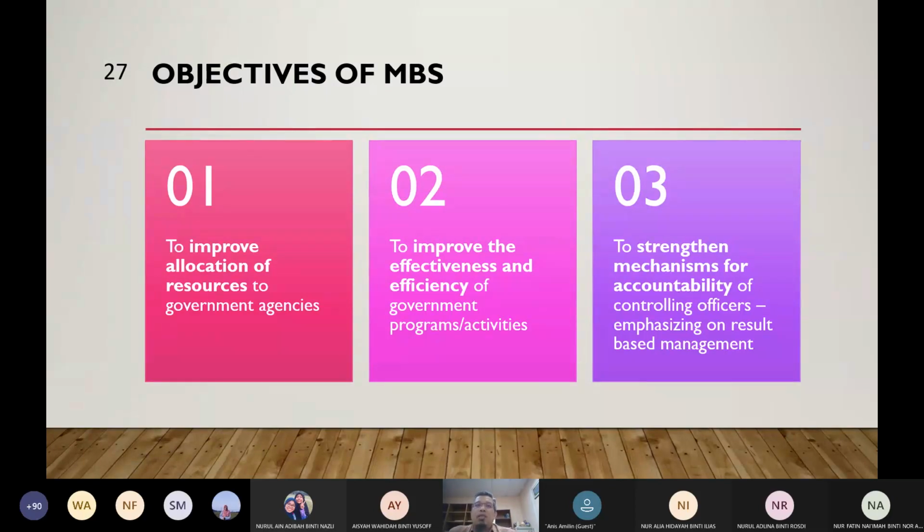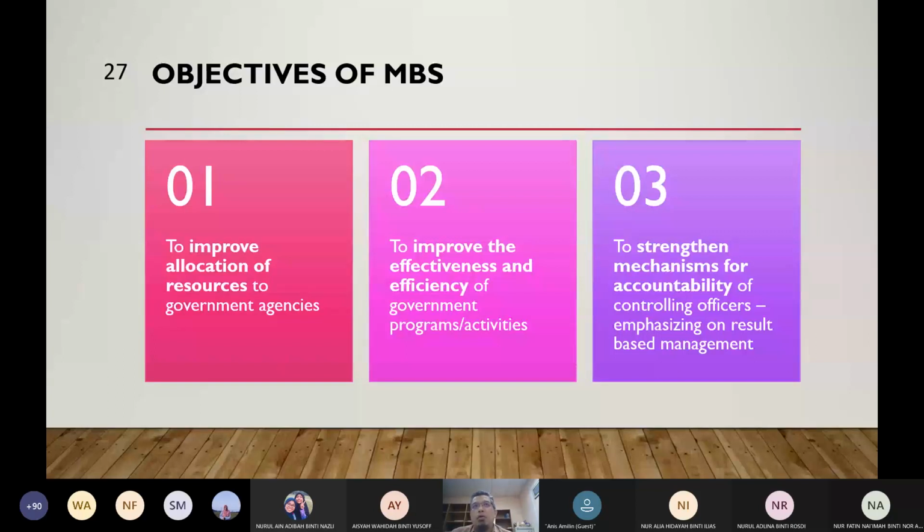So you try to understand these logics. Nevertheless, because of the changes and the demand of the public, the changes that are required for the government to match the economic and social development in the country, focusing on financial performance alone is not sufficient. The government agency just cannot say, I'm very successful this year because I managed to utilize all the budget. That's no longer relevant at this point when MBS is introduced.